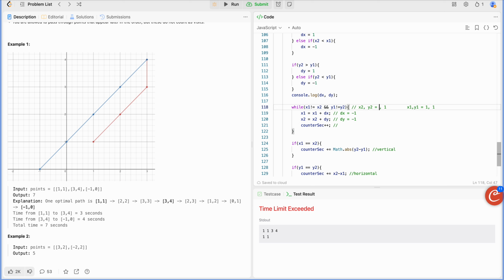So suppose it is 3, 3 and 3, 4, then should it exit or not? x1 is not equal to x2, but they are equal. Since they are equal, this should be false. So since this is false, it should exit, isn't it? Why did it not exit then?